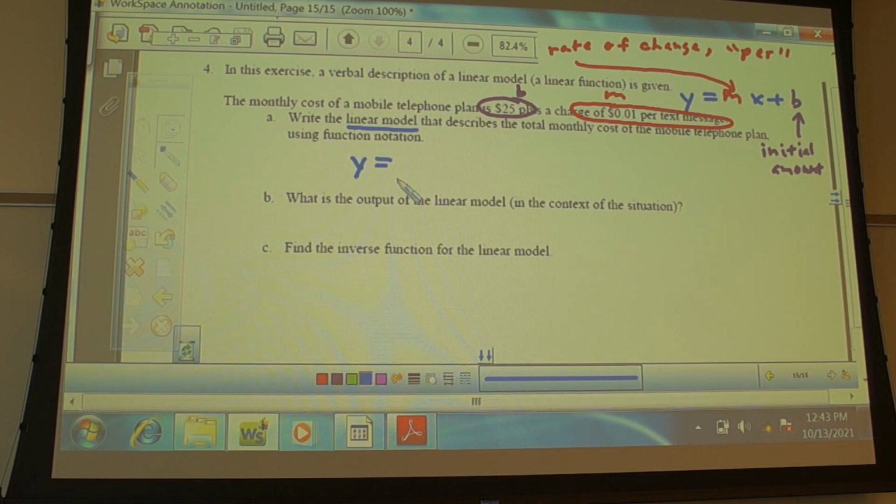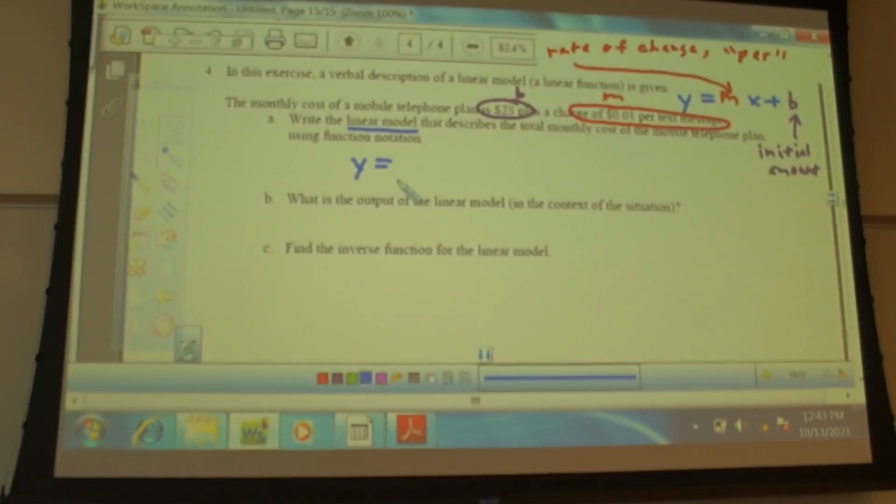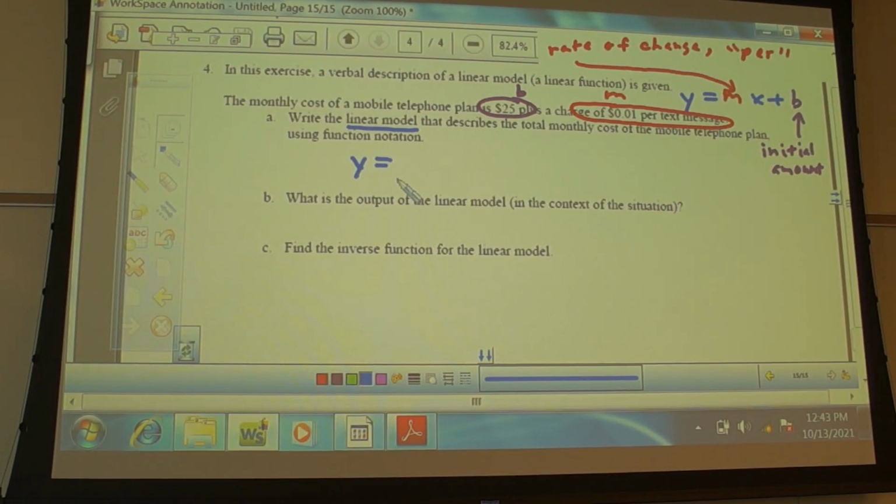Great, everybody has it. Y equals my m, I know my m is 0.01, x plus my b is 25.